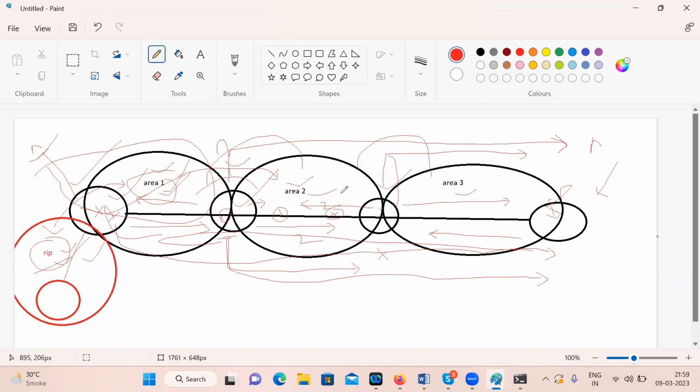That is very true. And in this topology, communication is not possible. This is just an example I have drawn. Okay, that's fine.